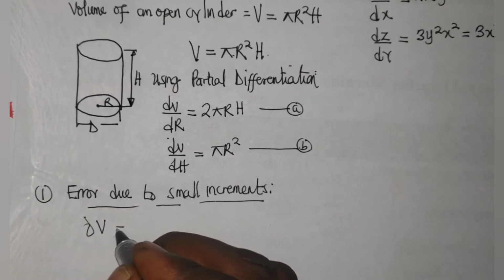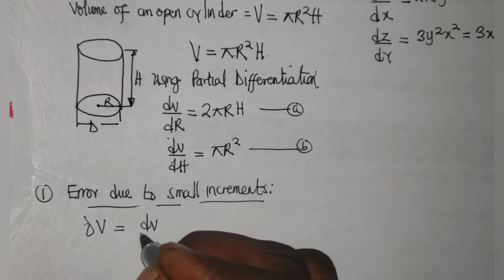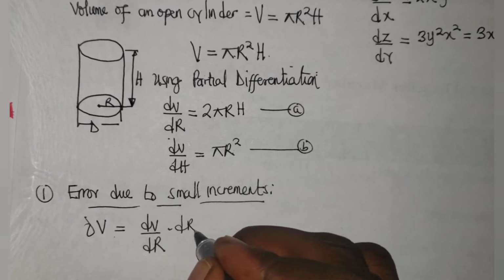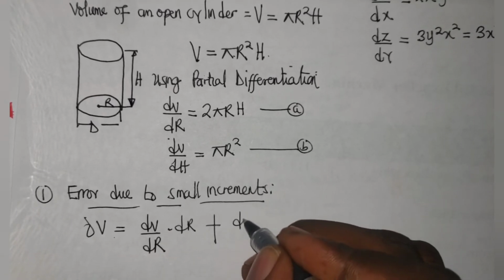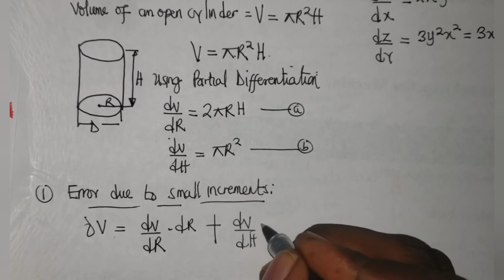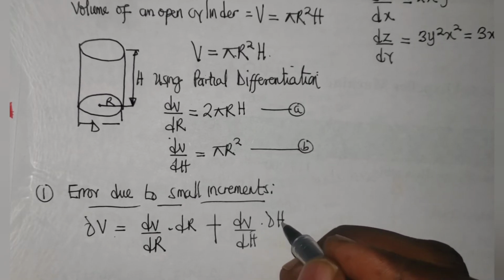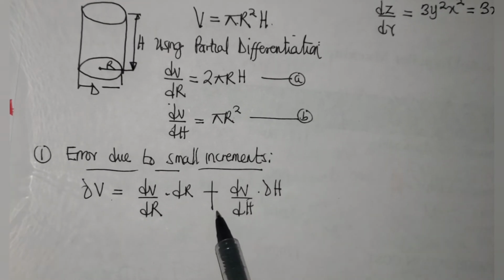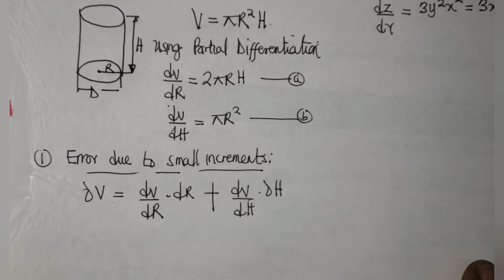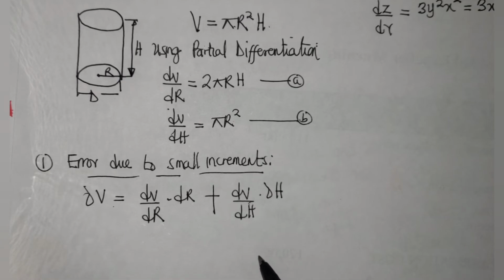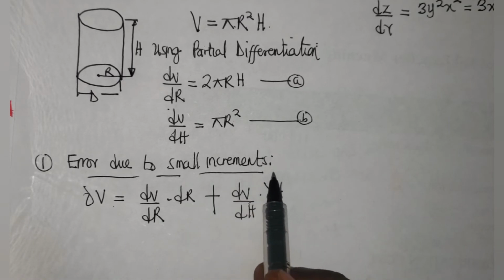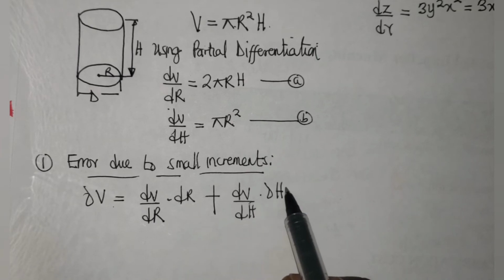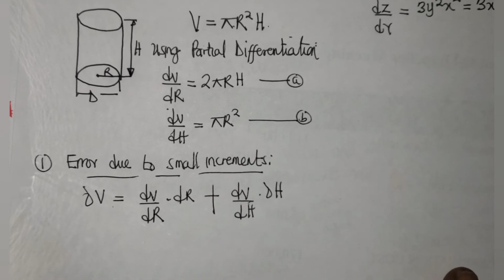The error that will occur in the volume will now be dV over dr dot dr plus dV over dh dot dh. Sorry for using this, it's still the same thing. So this is the formula I'm going to apply for error due to a small increment. You can see the radius can cancel this, I'm going to be having this back. The h can take care of this, I'm going to be having this back.